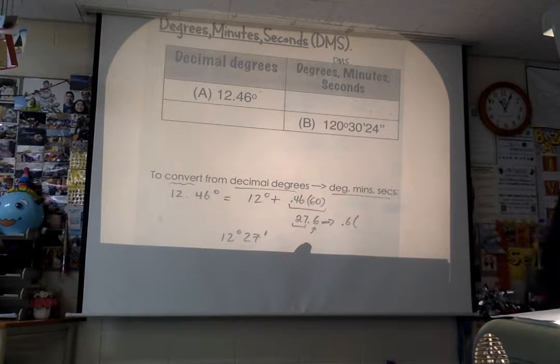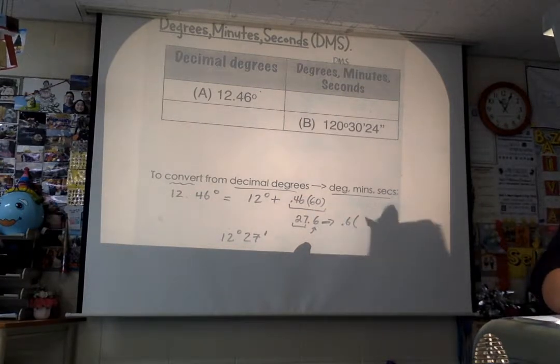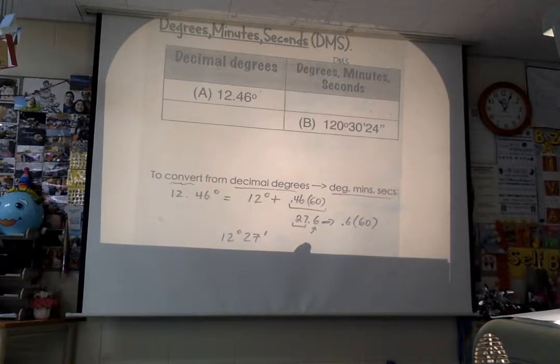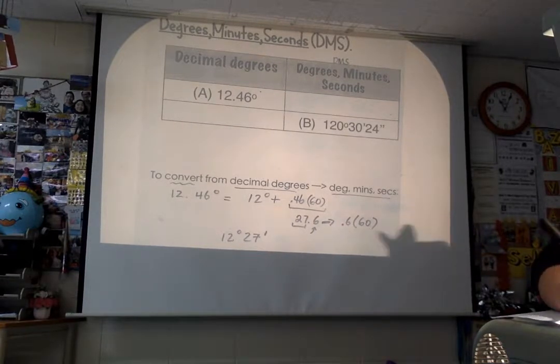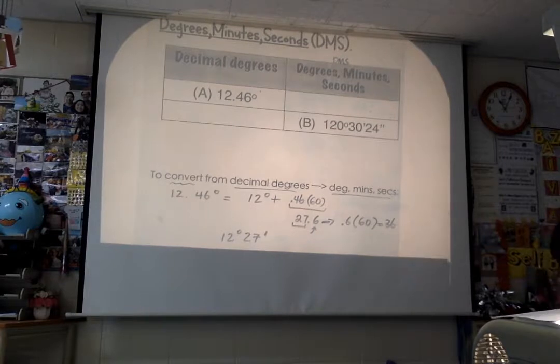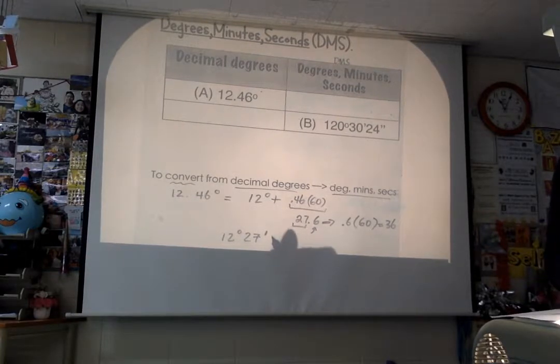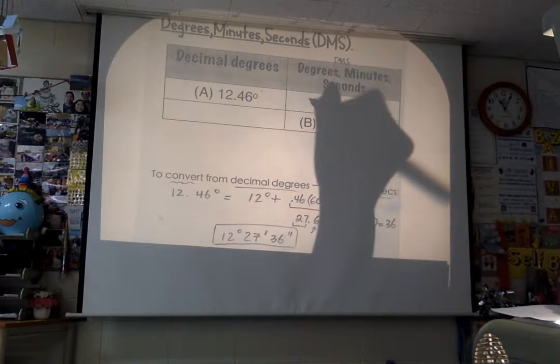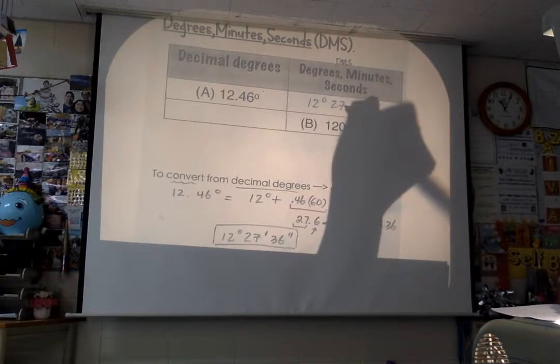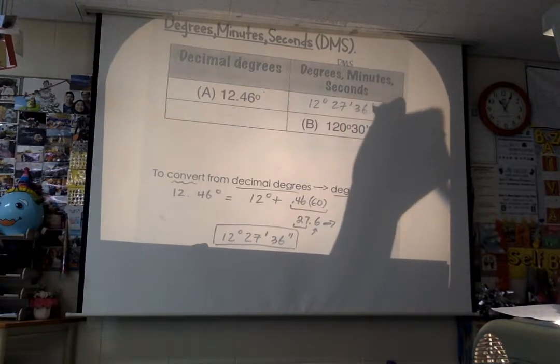How many seconds in 1 minute? It's 60 again. So we multiply by 60 again, which gives us 36. That's why we put 36 seconds here. I'm going to teach you how to do all this in your calculator in just a sec. So let's write that here. It's 12 degrees, 27 minutes, and 36 seconds.